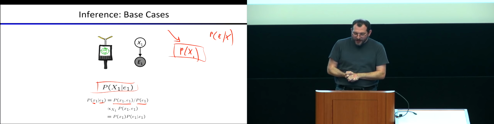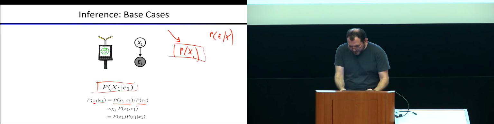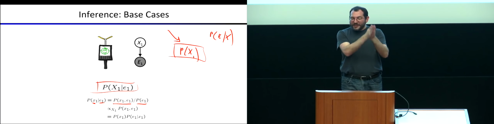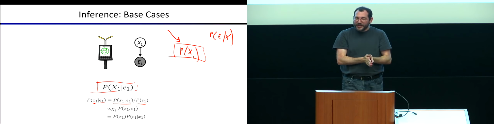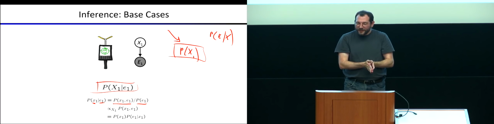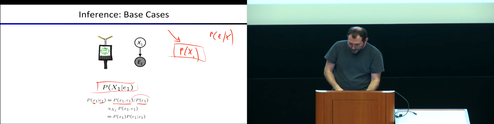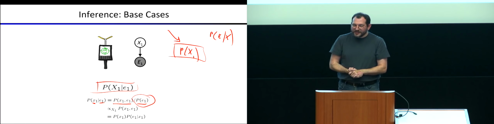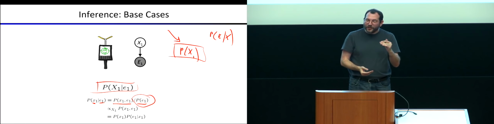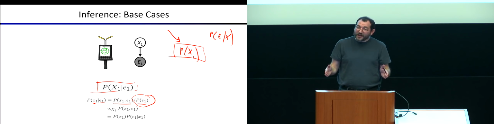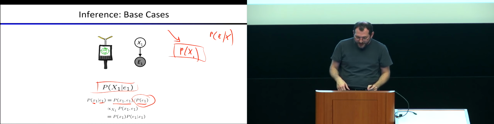All right, well, how does that help us? This helps us because to compute P of capital X1, that's going to be a vector. I'm going to get a probability of each and every value X1 could take on given E1. And so I'm going to do the same computation for every single X1, which means I can ignore this constant, because this constant is present for each value of X1, and I can do the computation being off by that constant and then renormalize at the end.